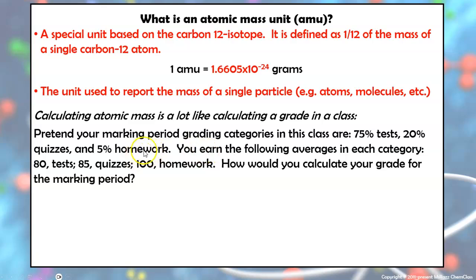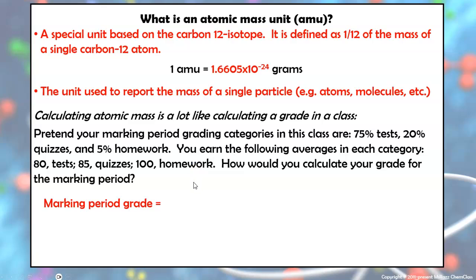Like in your chemistry class, it is actually 55% assessments, both tests and quizzes, whereas your work in class is 25%, and then your final is worth 15%. That would add up to 100. These are the grades that you actually earned for this fictional class.